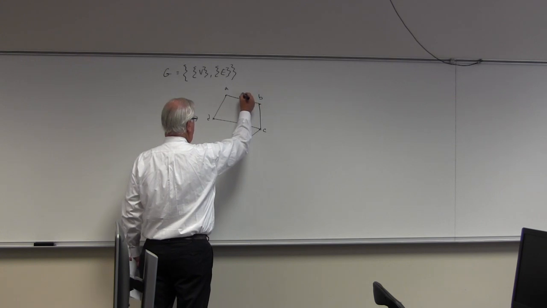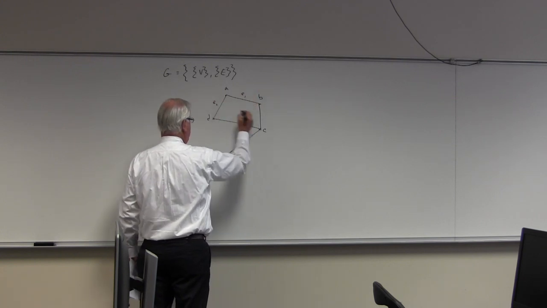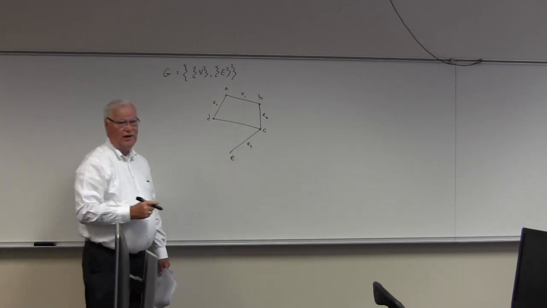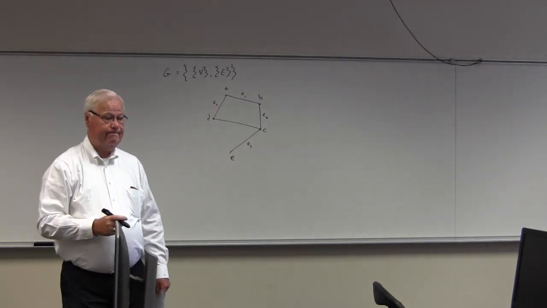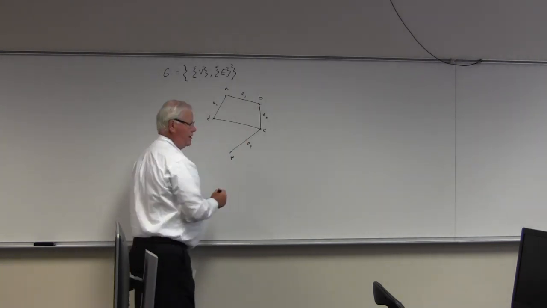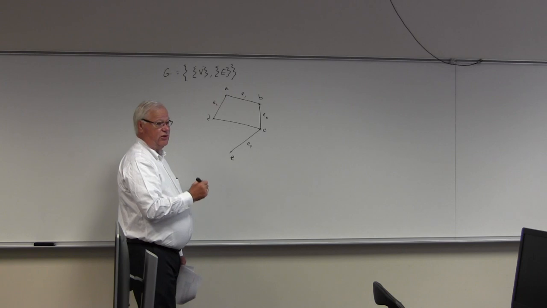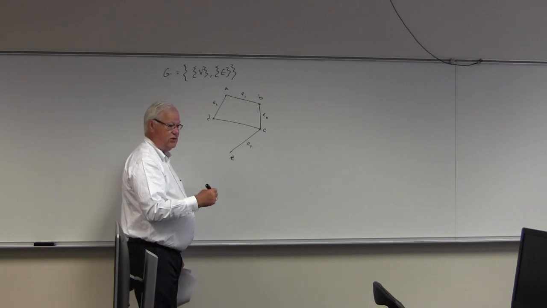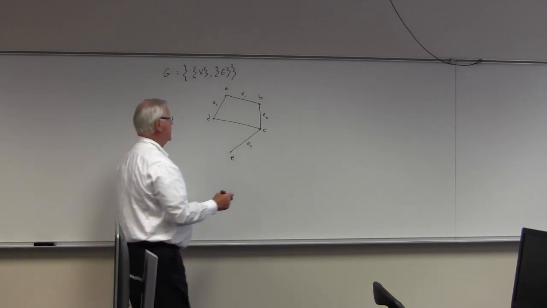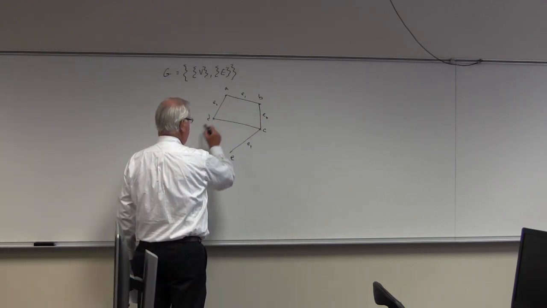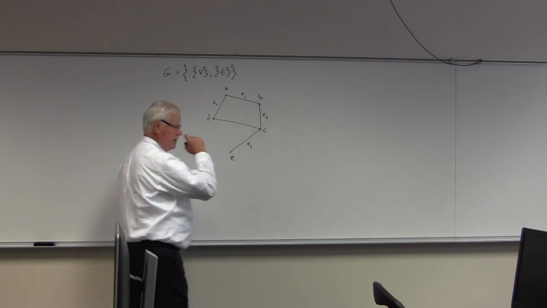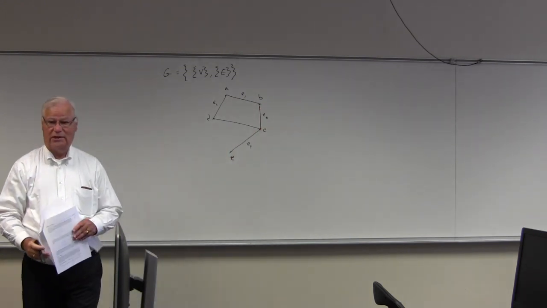So this might be edge 1, edge 2, edge 3, edge 4. You can see that kind of notation maybe. We would say that A and B are adjacent. Two vertices are adjacent if there's an edge connecting them. So A and B are adjacent, A and D are adjacent, C and E are adjacent, B and C are adjacent. Does everybody see that?